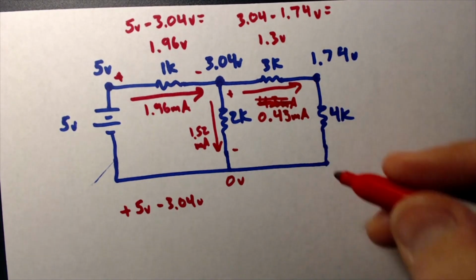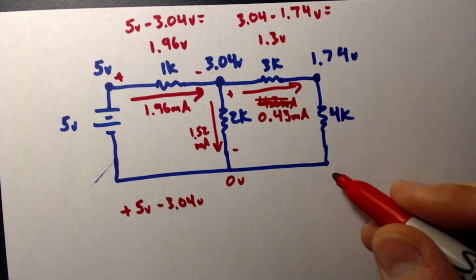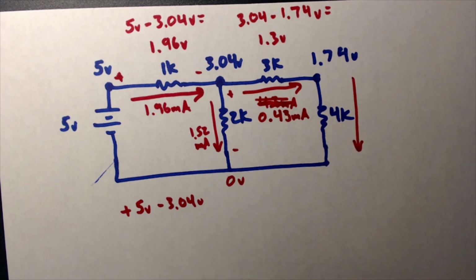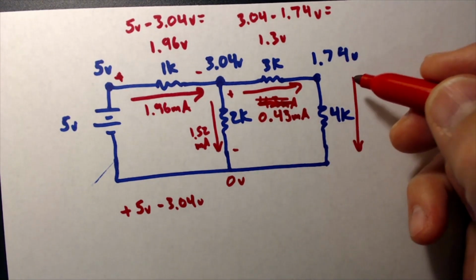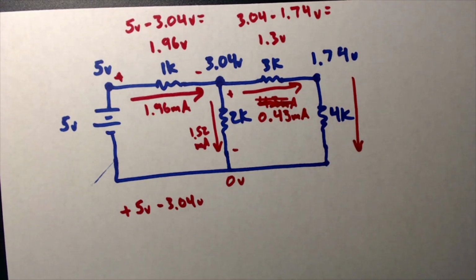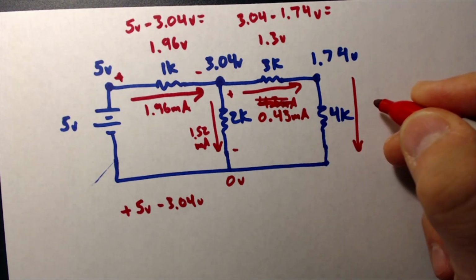And for this last one, we have 0 volts down here, 1.74 volts up there, so the current must be going down. And the voltage drop across the 4K is 1.74 volts. So 1.74 volts divided by 4K is going to be 0.435 milliamps.